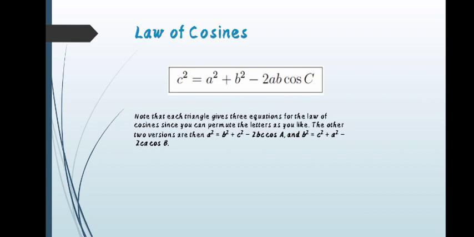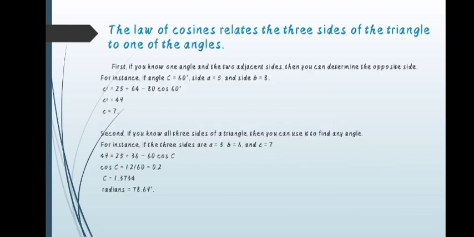The other 2 versions are then a squared is equal to b squared plus c squared minus 2bc cosine A, and b squared is equal to c squared plus a squared minus 2ca cosine B. The law of cosines relates the 3 sides of the triangle to one of the angles.